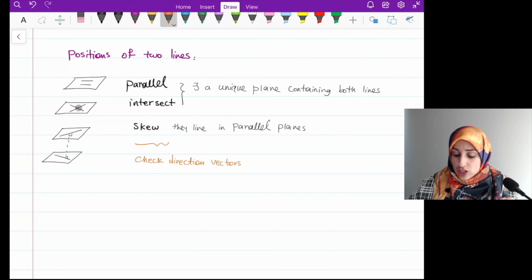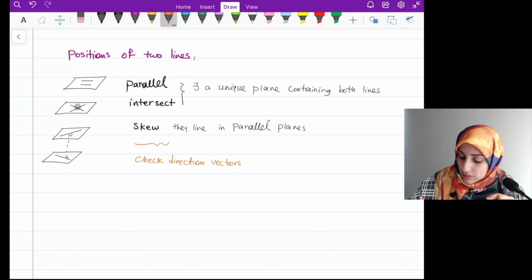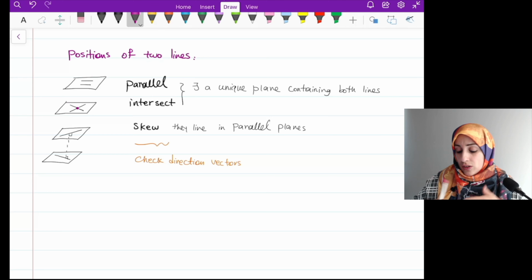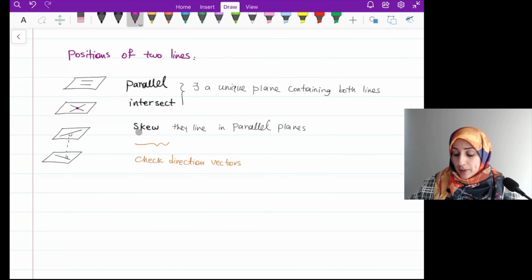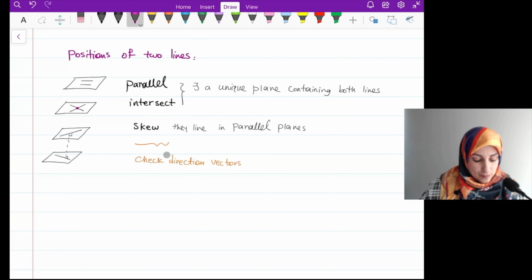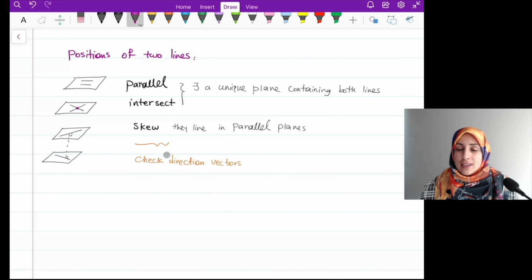If they intersect, you need to find the point of intersection, and also they are not parallel. But in the skew case they are not parallel to each other, and there is no intersection point. There is a video that I made about how to find if two lines are skew lines. You can check that out.